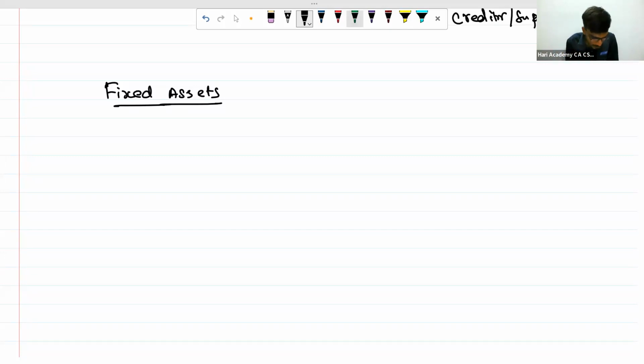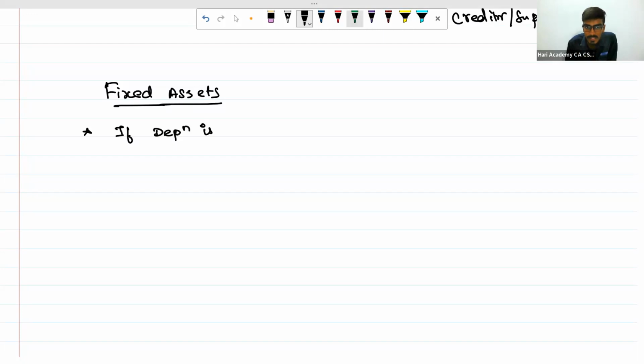Now coming back to the specific special item, fixed assets. Whenever they ask us to prepare fixed assets, always make sure of the following points.